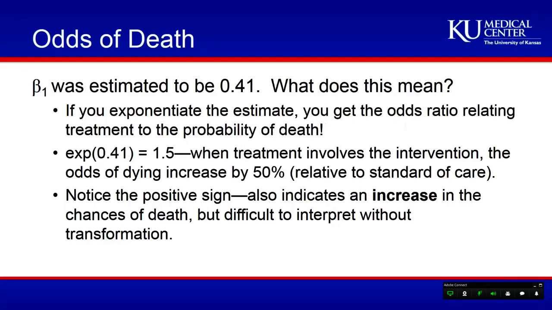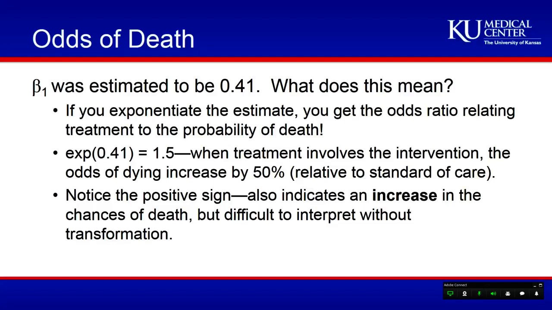What if we fit the model and we saw an estimate of the slope of 0.41? Again, the slope itself is positive, which tells me as x is increasing, whatever's on the left-hand side of that equation is also increasing, which, again, describes some measure of the likelihood of death occurring with treatment.